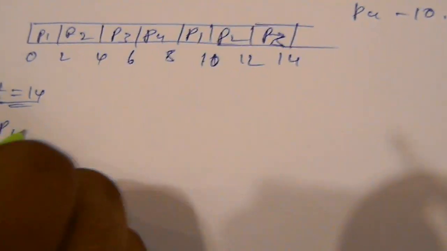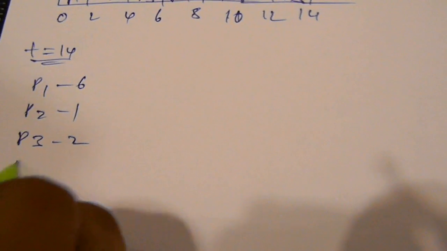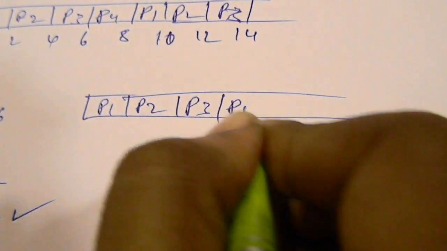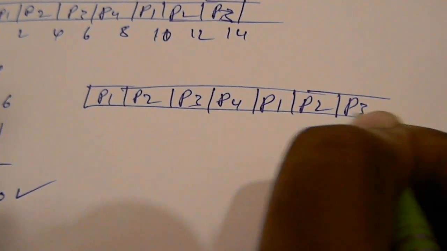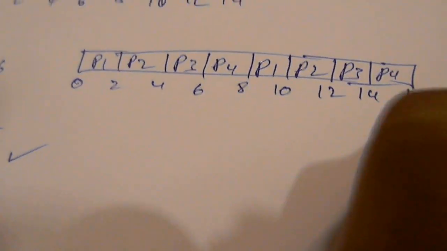Now at t equals 14 milliseconds, P1 with 6, P2 with 1, P3 with 2 and P4 with 10. Now it is P4's turn, and it executes up to 16.